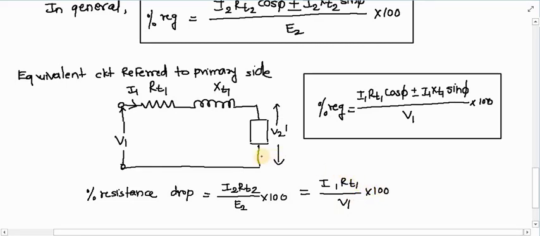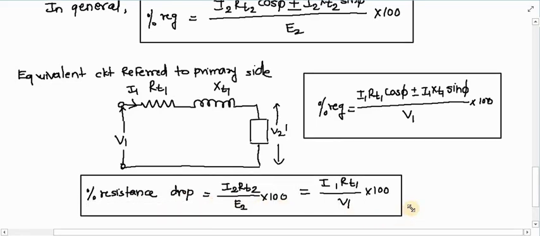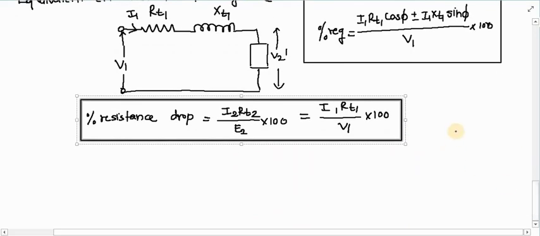So sometimes the resistance as well as the reactance drops are expressed as a percentage of rated voltage, as in equations 2 and 3.